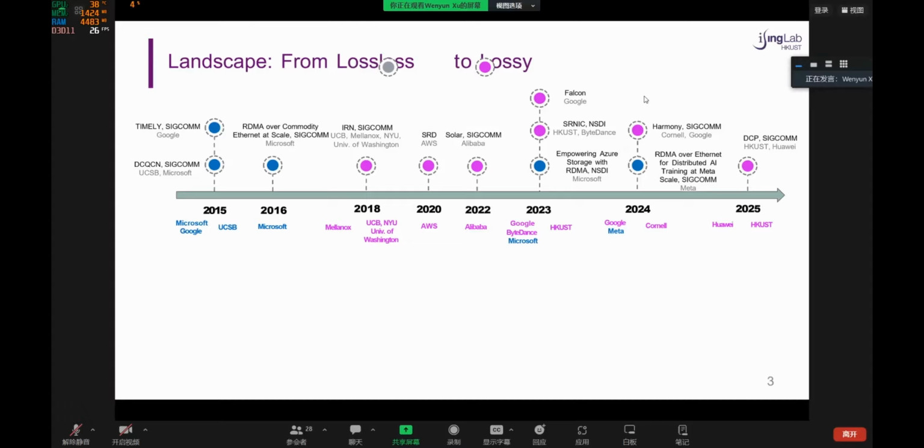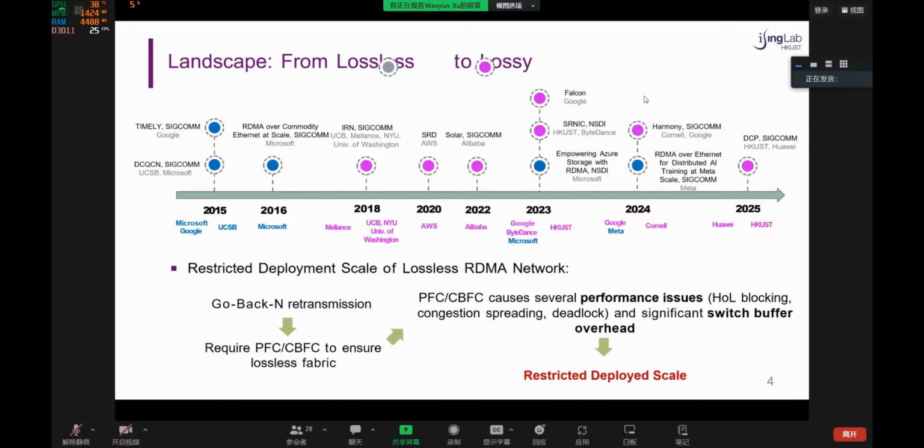In practice, this means that whenever congestion occurred, the network would pause the traffic to prevent packet loss, effectively guaranteeing reliable delivery. Meanwhile, the RDMA NICs use a simple go-back-N retransmission mechanism, which worked well under ideal lossless conditions.